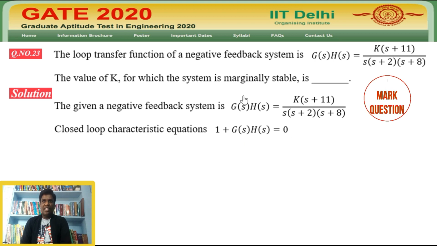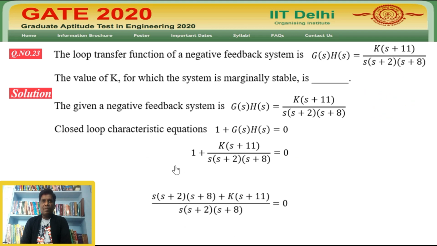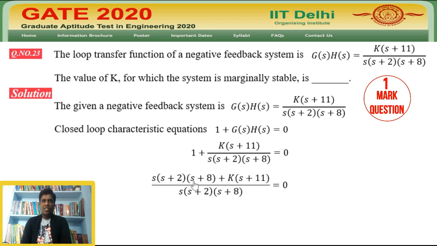Now substitute the given G(s)H(s) term in the general closed loop characteristic equation. Then the equation will be 1 + K(s + 11) / (s(s + 2)(s + 8)) = 0. After cross multiplication, the equation will be s(s + 2)(s + 8) + K(s + 11) = 0. Multiply these three terms with each other and multiply K into the bracket.